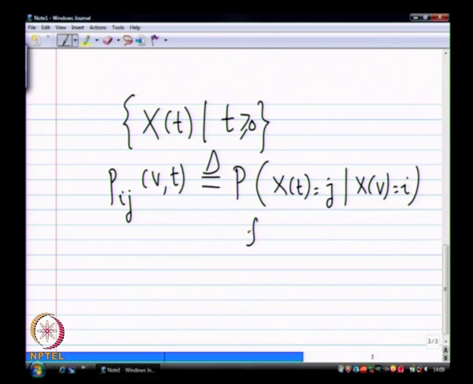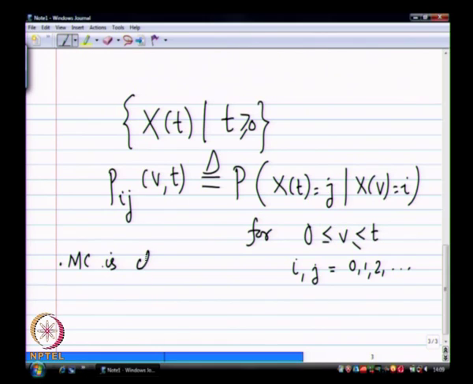And this is for v less than or equal to t, equal to is also okay. Right. So again we talk about the instantaneous probability of transitioning from one state to another state, okay.